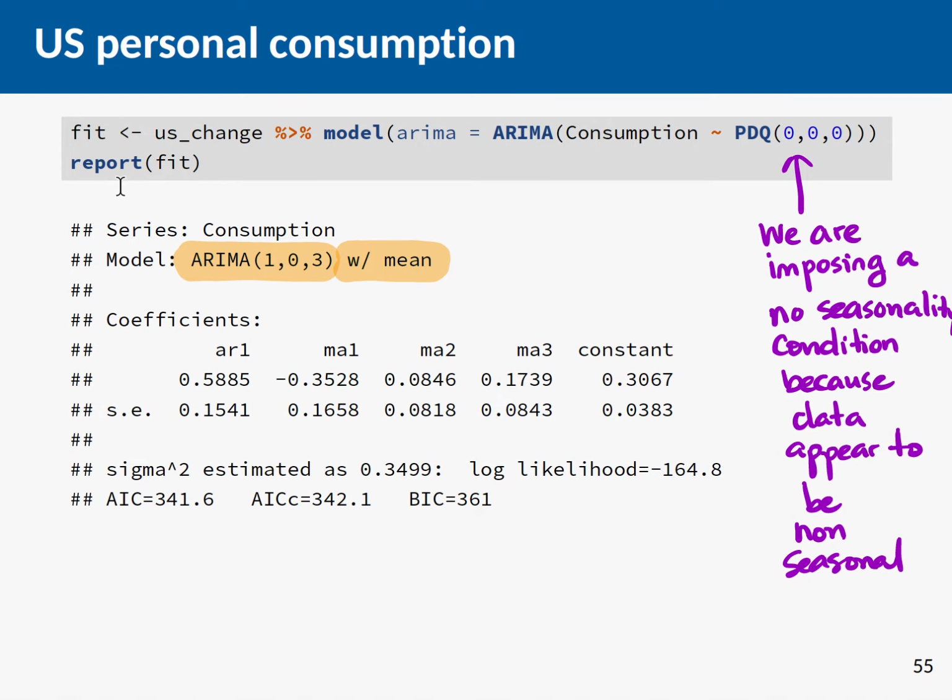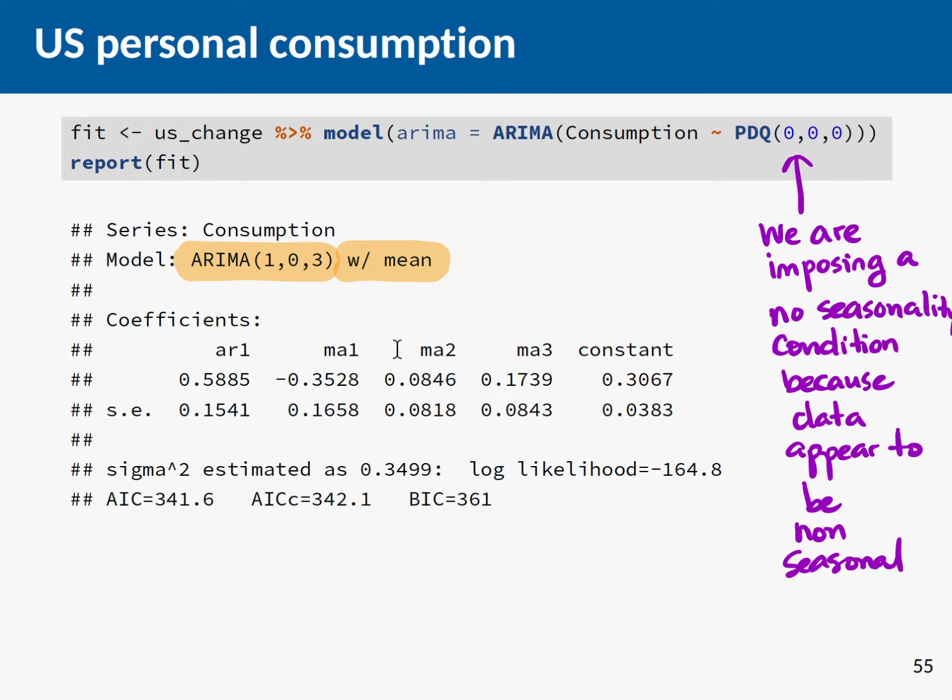But let's take a look at what the result tells us. The result tells us that the best model for this type of data is going to be ARIMA(1,0,3) with mean. So what you have here are the parameters associated with the autoregressive component. If you have y_{t-1} in the regression, which is your AR1 component, that has a phi of 0.588.